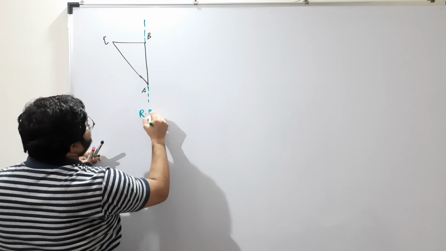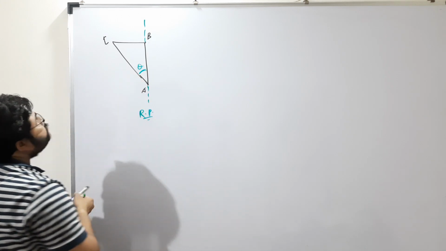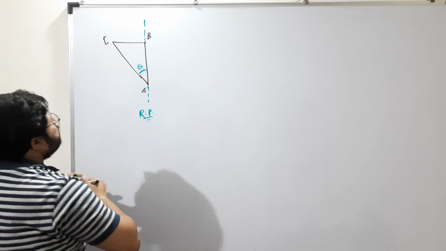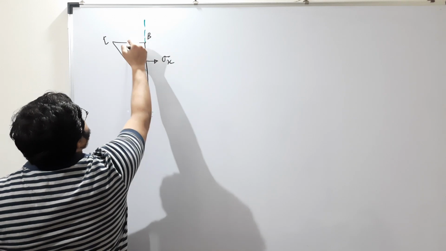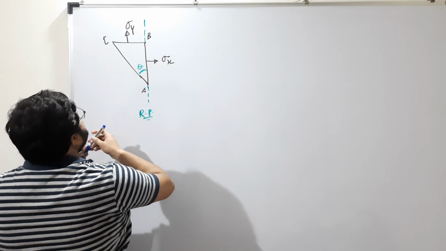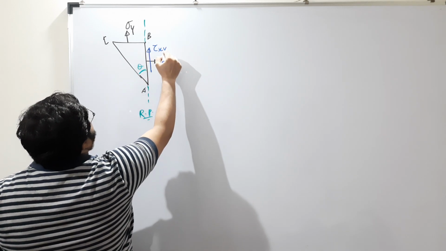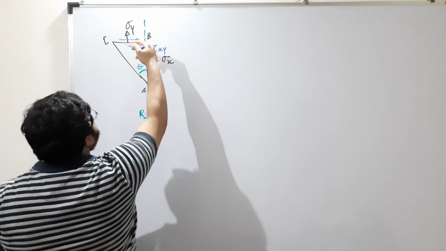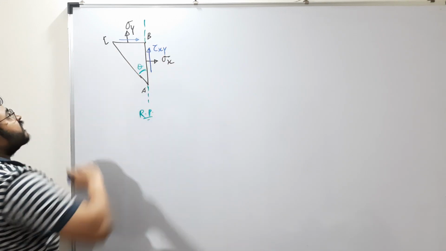Here this angle is theta. Now this is sigma x, this is sigma y, and there is also tau xy on this side, and this stress is again the same tau xy. I am not going to write that again. This is also tau xy.